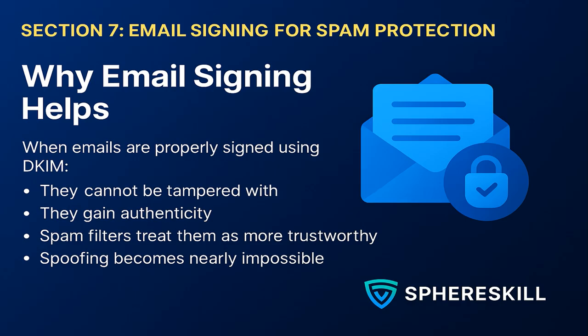Okay, so this will avoid spoofing, because you are sending emails from a signed mail server, right? What is spoofing? Spoofing is an email being sent as if it is you. In the last session, we created an Office 365 Outlook for our domain SphereSkill.info.